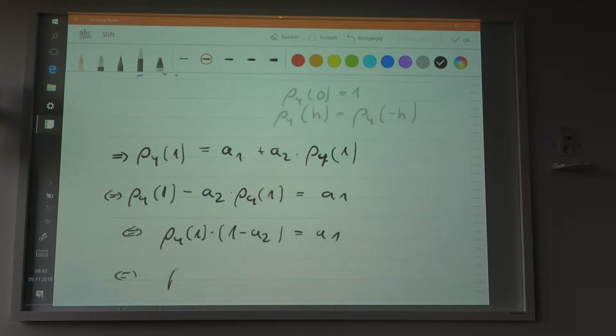So hence the correlation is equal to a1 divided by 1 minus a2. That's the first correlation. This is how you would calculate the autocorrelation for the process at t and t plus 1.